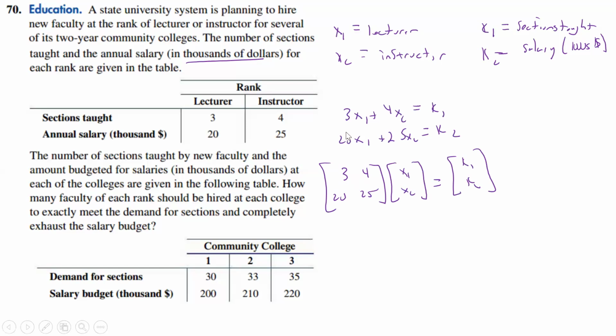And I don't think I'm going to have room on this page, so let's go to the next page. So we have 3, 4, 20, 25, and then we have 1, 0, 0, 1. So first things first, it looks like I'm going to take 1/3 row 1 and make that the new row 1.